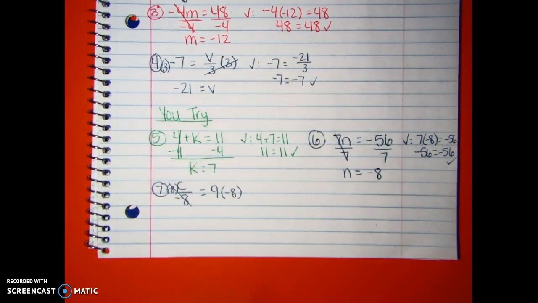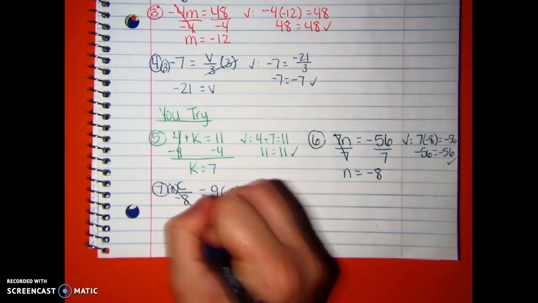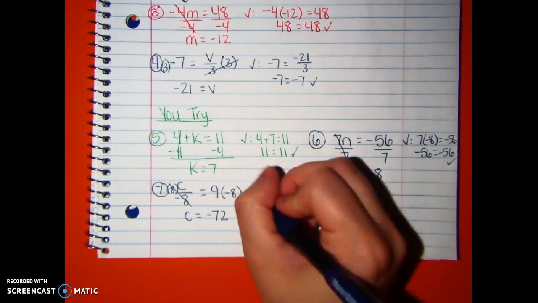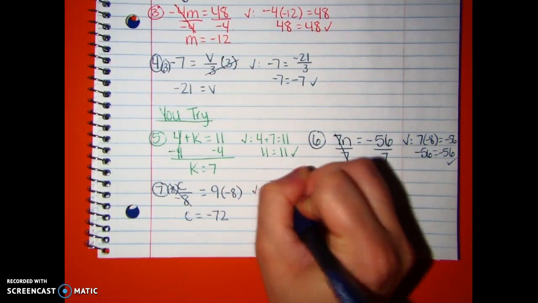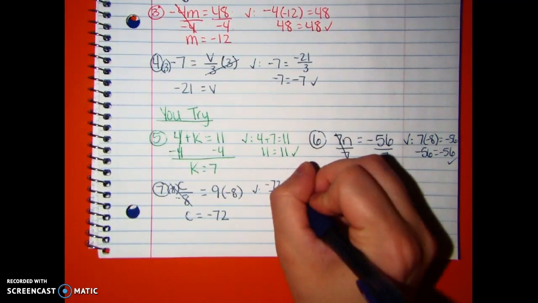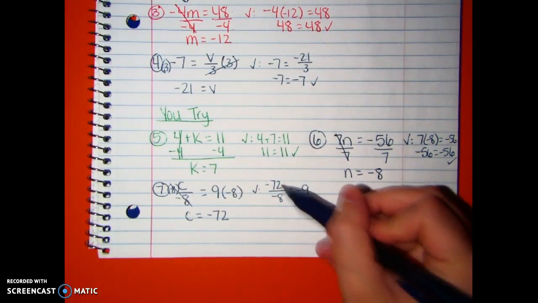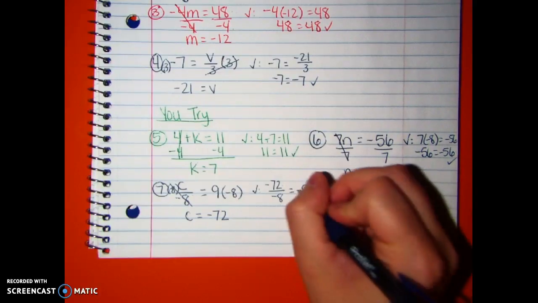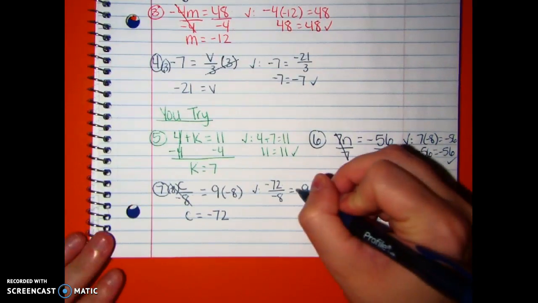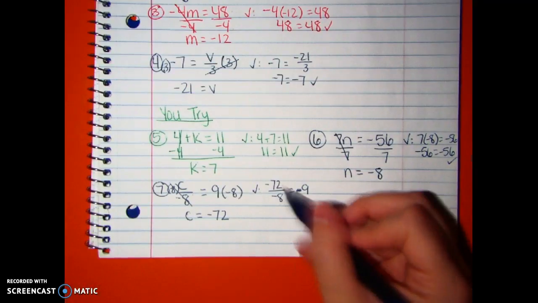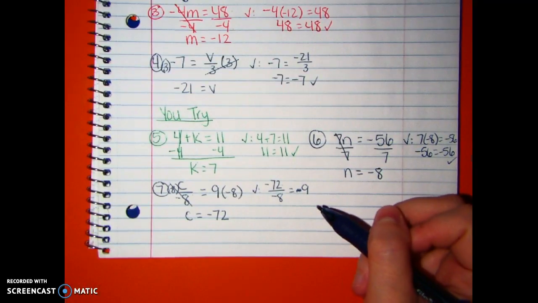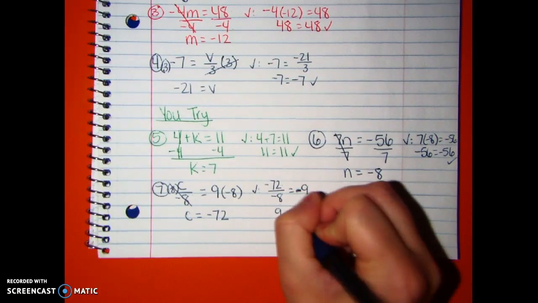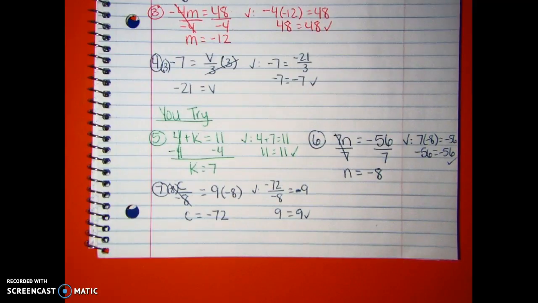These negative 8s cancel out, and that leaves me with c equals negative 72. Check your answer. Negative 72 over negative 8 equals negative 9. And if you divide that on your calculator, oh, that should be positive 9. My bad. So that's positive 9. So see, I was good checking my answer. Something was wrong. Negative 72 divided by negative 8 is a positive 9, which equals a positive 9. So that one's good.